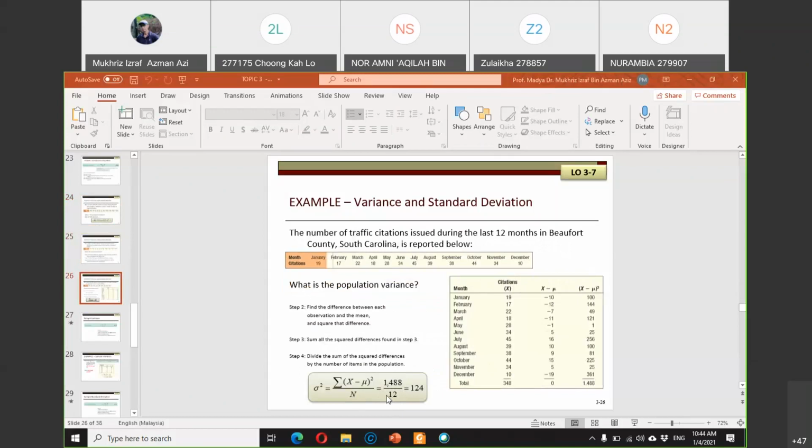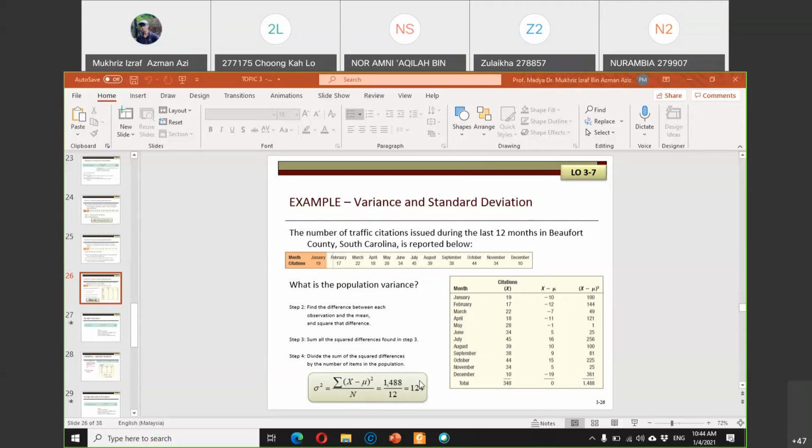But if you were to answer this type of question in your exam or quizzes, now done through online quiz, the answer matters. Let's say the question asks you to calculate population variance, but you use the formula for sample variance, meaning you divide 1488 by n minus 1 instead of dividing by n.